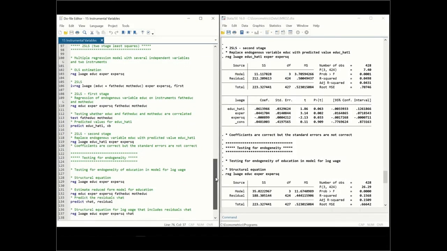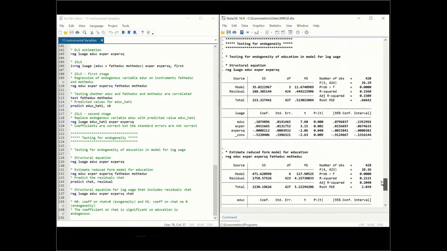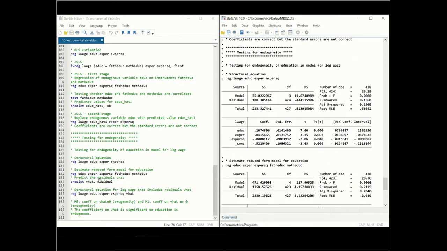Okay, so the final thing that we're going to do here is we're going to test for endogeneity. And the way to test for endogeneity starts with what we call here the structural equation, which is the dependent variable, the endogenous variable, and two exogenous variables that we have. Now, what we are going to be doing here is estimating the reduced form model for education.